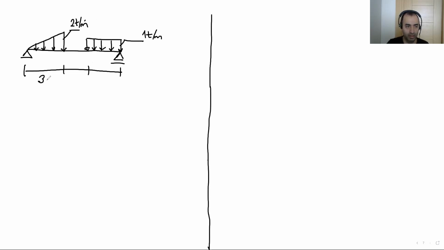This is 3 meter, let's say. This is 2 meter and 1 meter spacing. And also there is one more concentrated load at the midpoint of this one. This is 5 ton. Here is 1 meter, 1 meter. Okay, this location. This is the question.